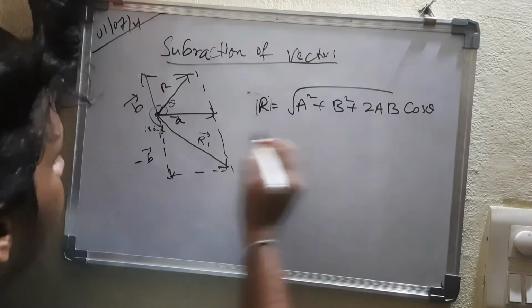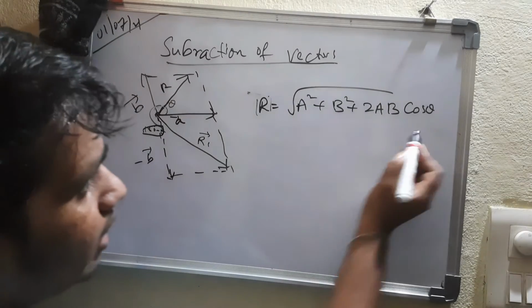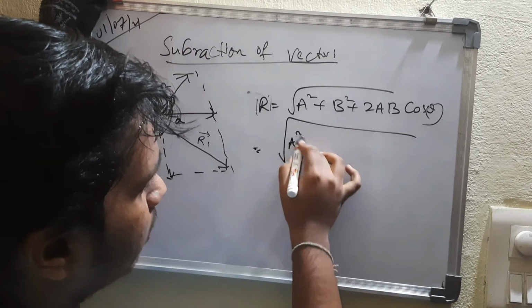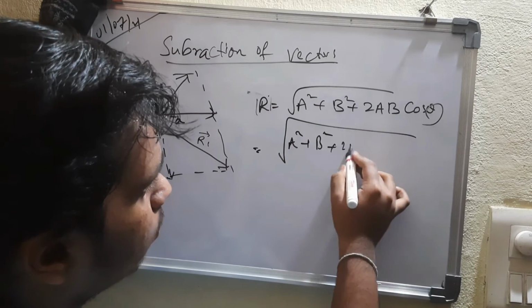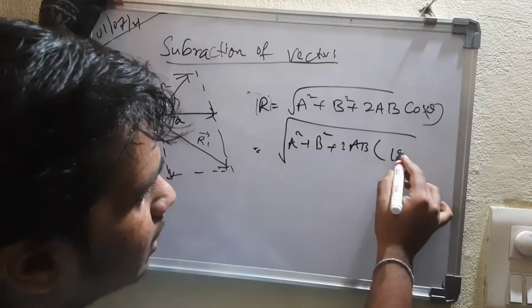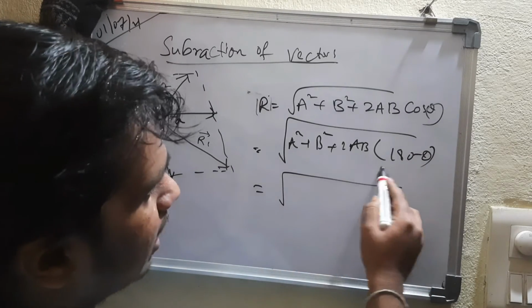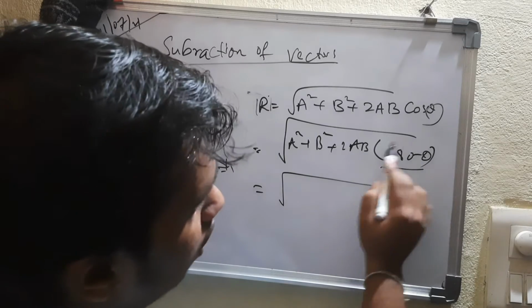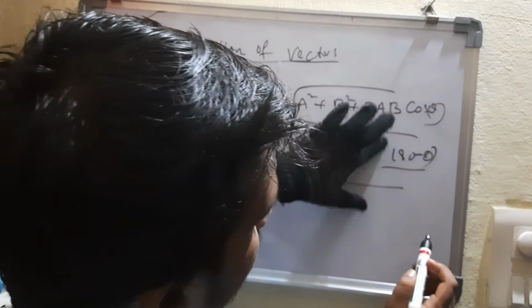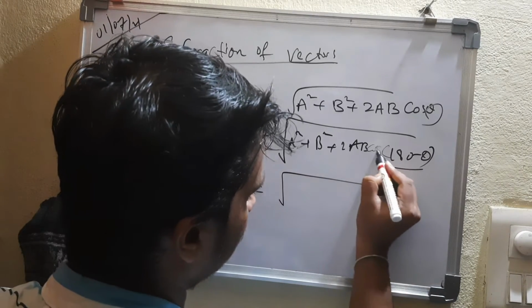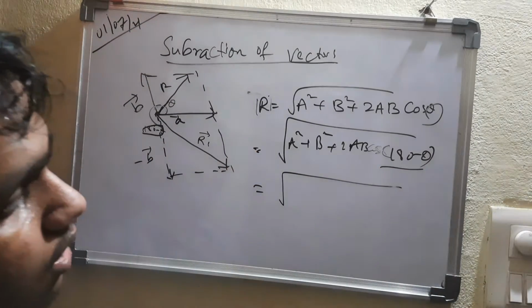Now put this 180 minus theta in place of theta: under root of A square plus B square plus 2AB cos of 180 minus theta. I forgot to write the cos. You know the basic trigonometry, right?